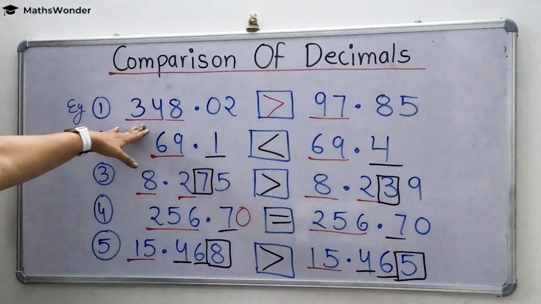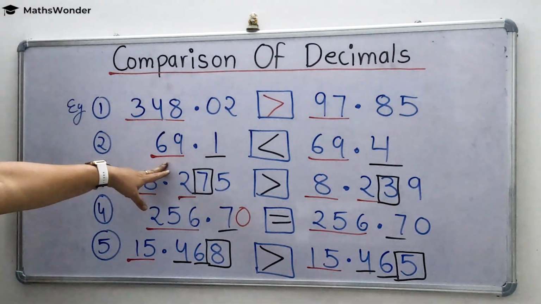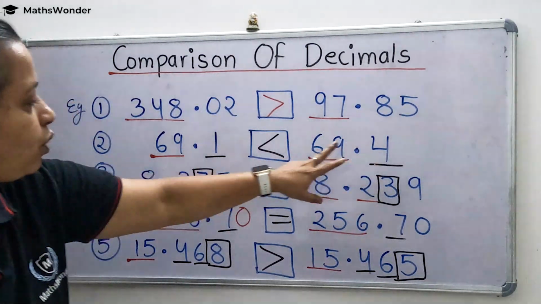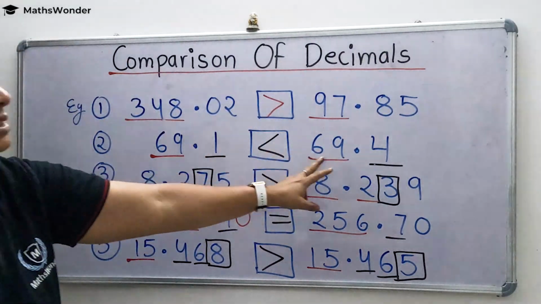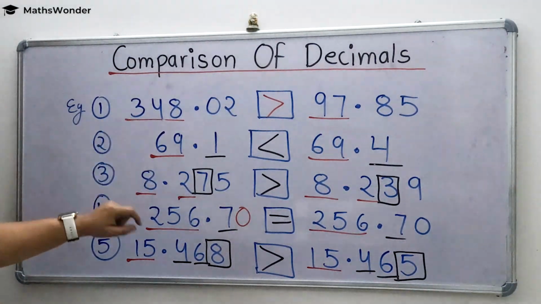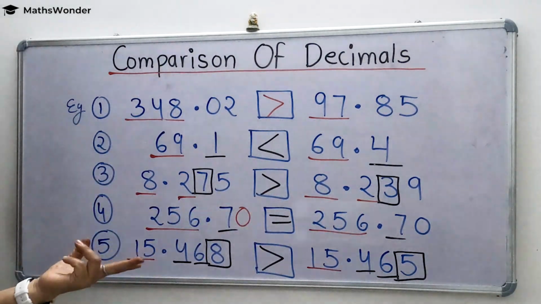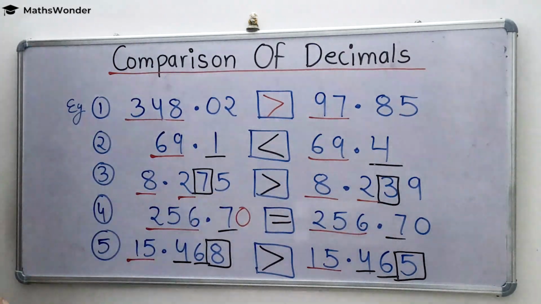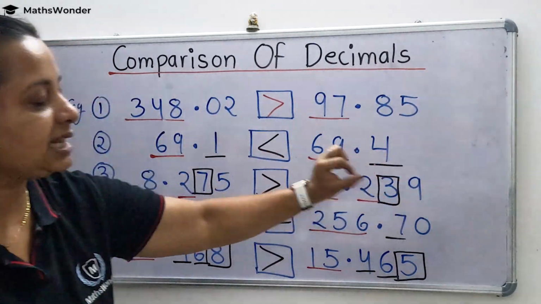If the whole parts are equal, like in this question, you check the decimal part in the tenths place. 4 and 1 are both at the tenths place, so 4 is bigger than 1, so this decimal number will be greater. If the whole part is the same and the tenths place is the same, you will check the hundredths place. Here the hundredths place is 7, here it is 3. Definitely 7 is greater than 3, so this decimal value is greater.